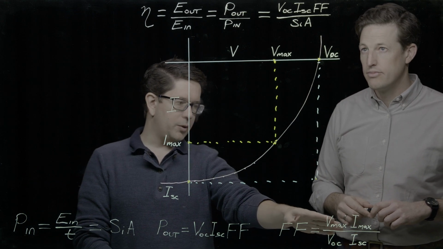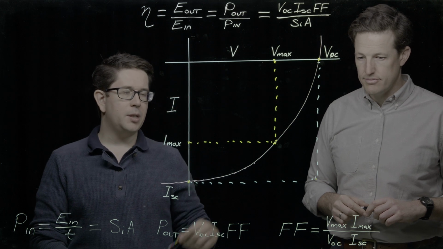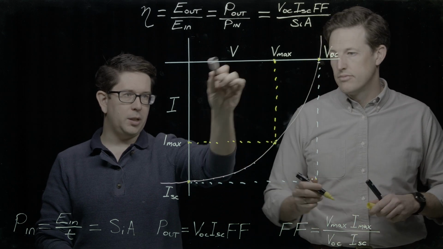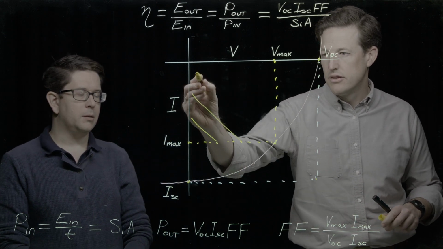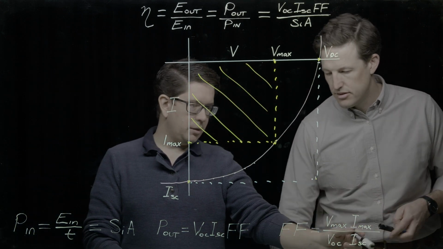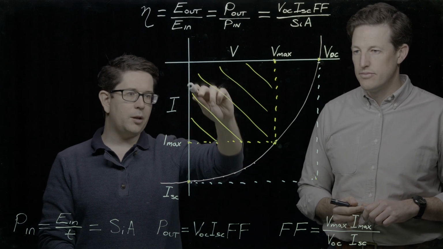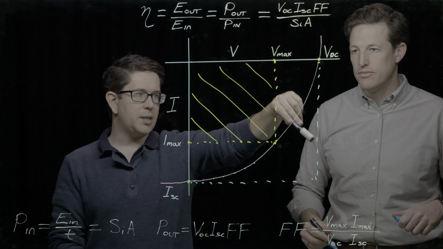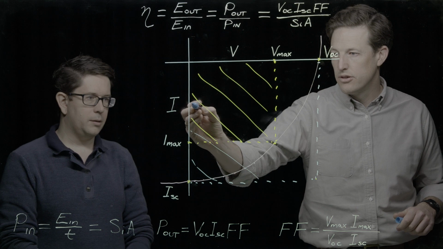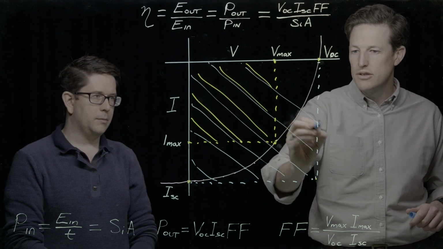The top term, Vmax times Imax, is telling us about the area of this yellow rectangle here. Okay. And the bottom term, VOC times ISC, is telling us about the area of this entire rectangle, all the way through.